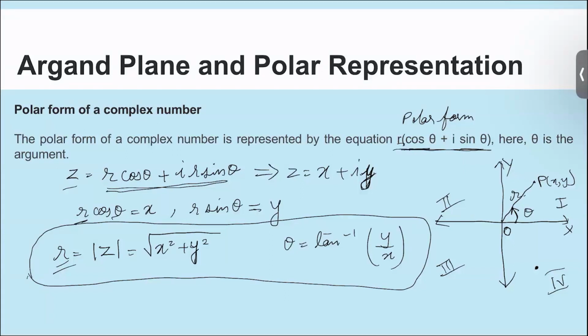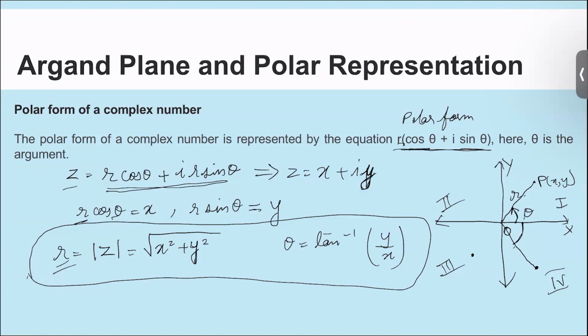Now if your complex number falls in the fourth quadrant or the third quadrant, the angle is measured in the opposite direction. It won't be measured in the anti-clockwise direction anymore.